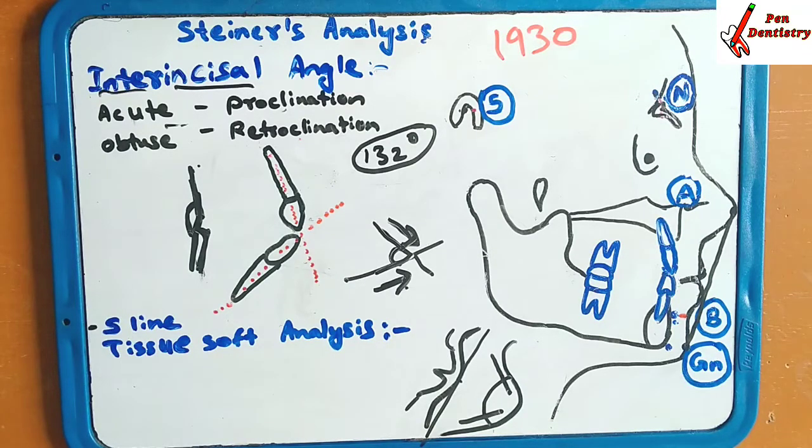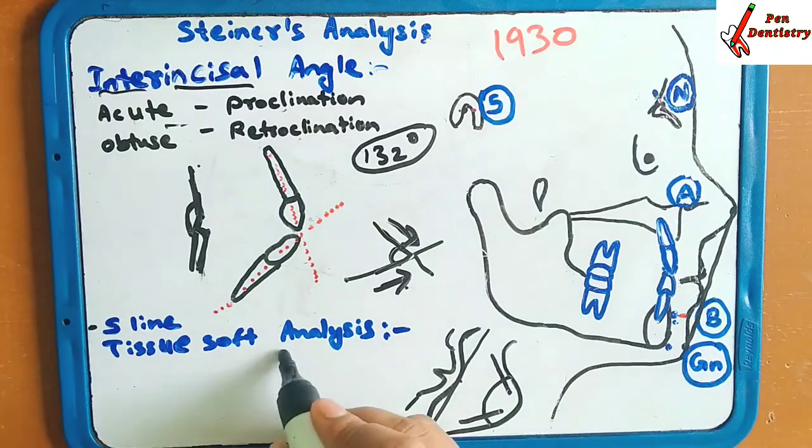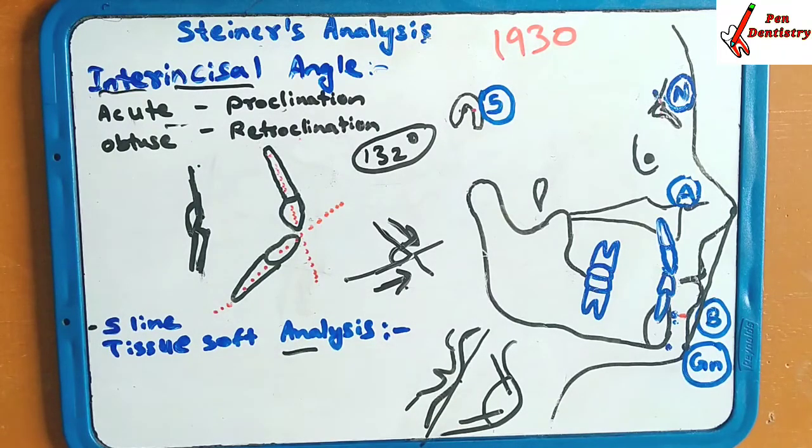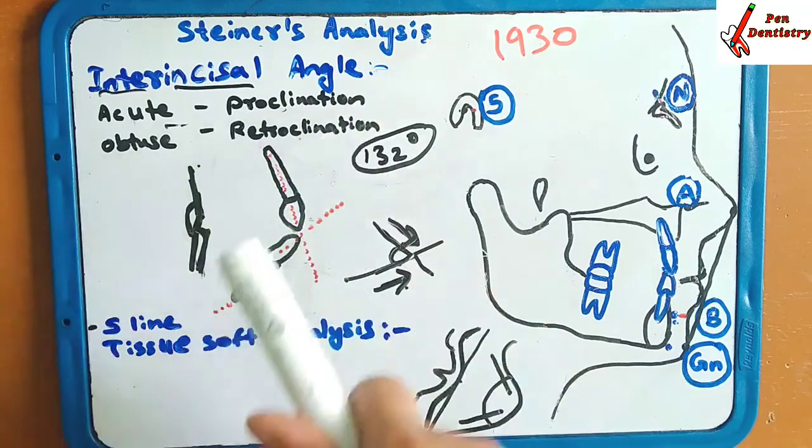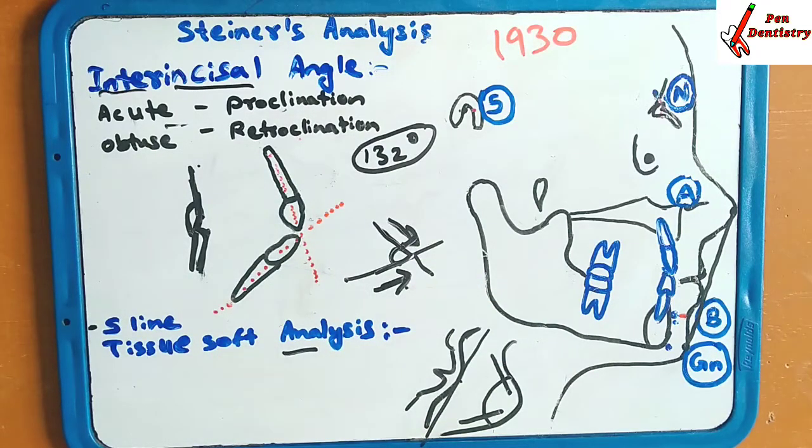Okay, so this is the soft tissue analysis: how you are going to analyze the soft tissue and treat the patient, and the incisor angle, how you are going to see the incisors of the patient. Dental as well as skeletal analysis I have covered. If you like the video, please share and watch Pan Dentistry.